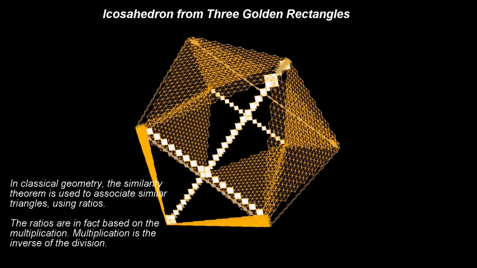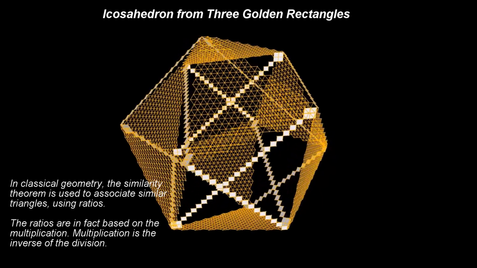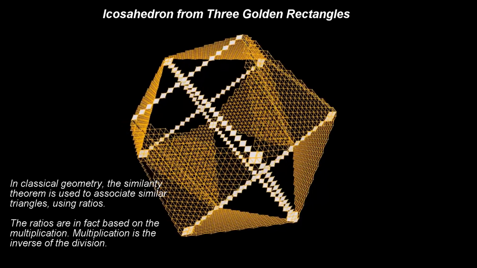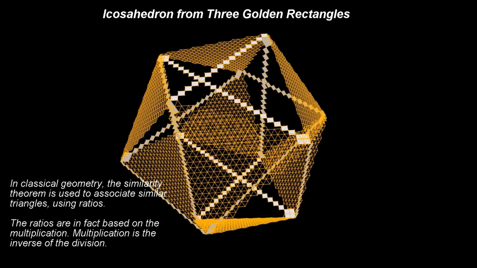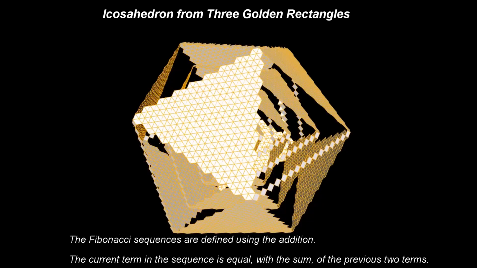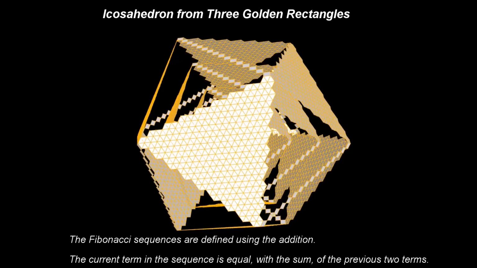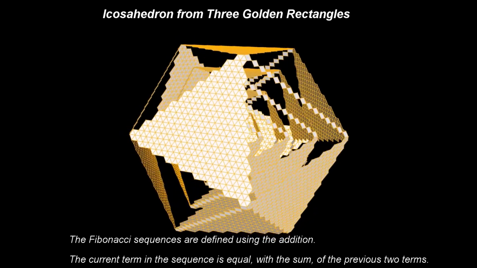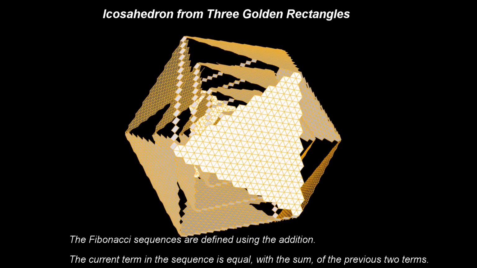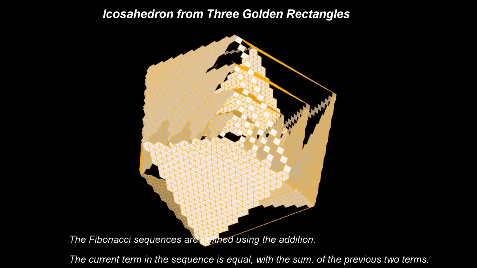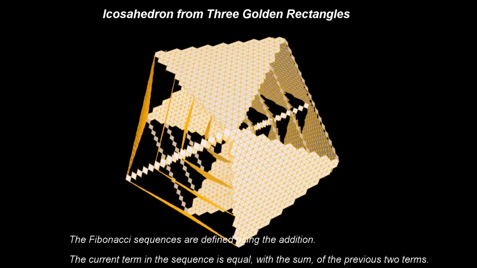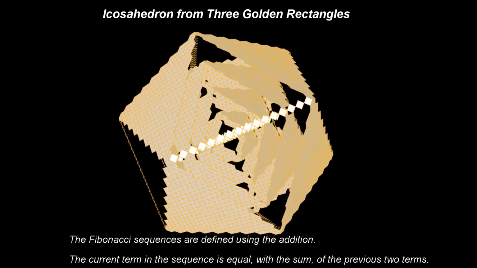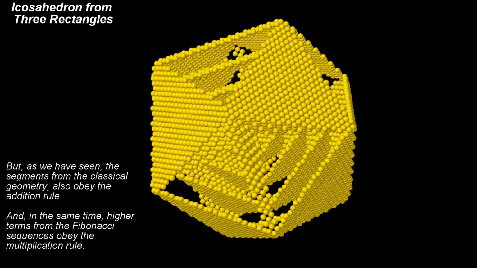In classical geometry, the similarity theorem is used to associate similar triangles, using ratios. The ratios are in fact based on multiplication. Multiplication is the inverse of division. The Fibonacci sequences are defined using addition. The current term in the sequence is equal to the sum of the previous two terms. But, as we have seen, the segments from the classical geometry also obey the addition rule.